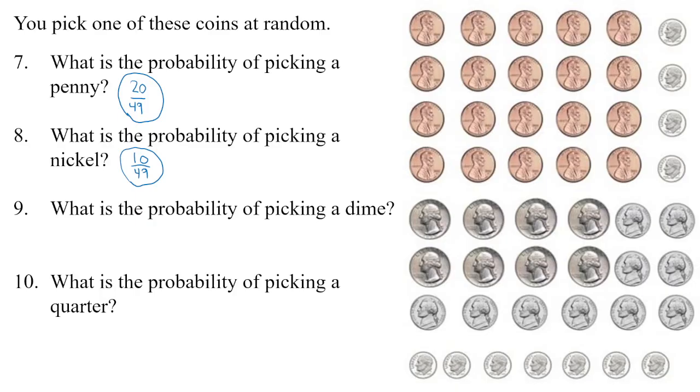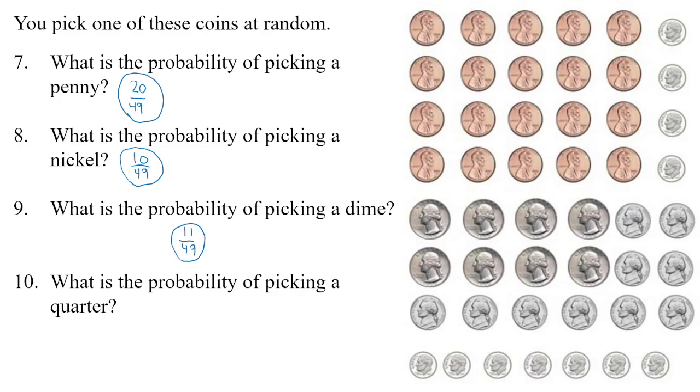What's the probability of picking a dime? So let's see there. 1, 2, 3, 4, 5, 6, 7, 8, 9, 10, 11. 11 dimes out of 49. It doesn't reduce, therefore the probability is indeed 11 out of 49.